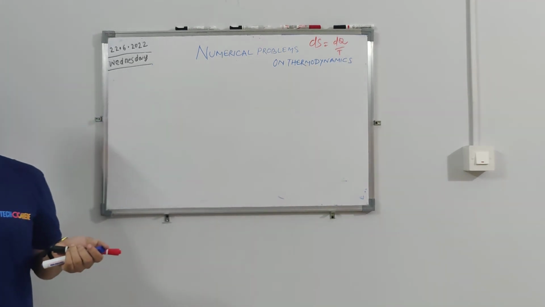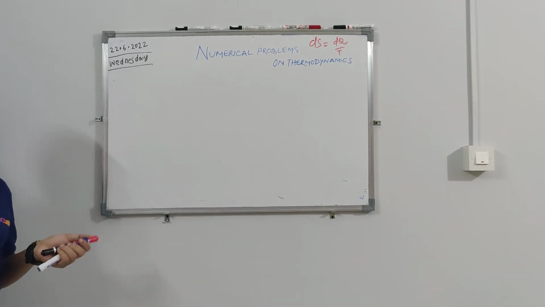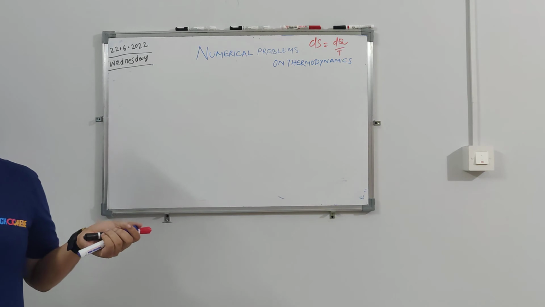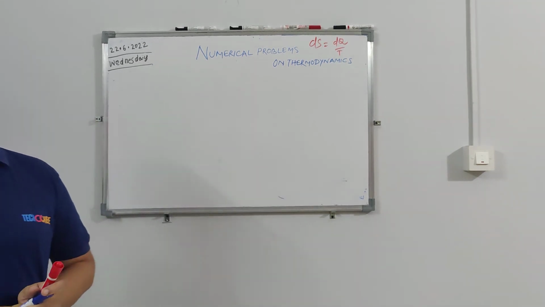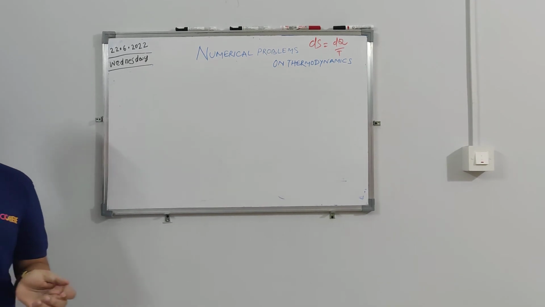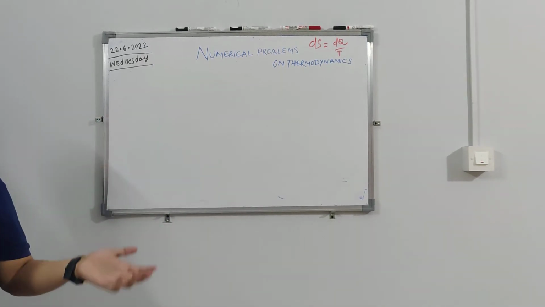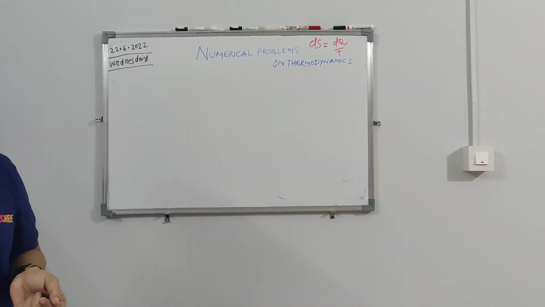So if there is some leak, what will happen if it bursts? The outside atmospheric pressure is low, inside the pressure is high. So definitely it is an expansion process. But the question is whether it is an adiabatic process or an isothermal process. The answer is it is an adiabatic process because there is no time for it to happen at constant temperature.